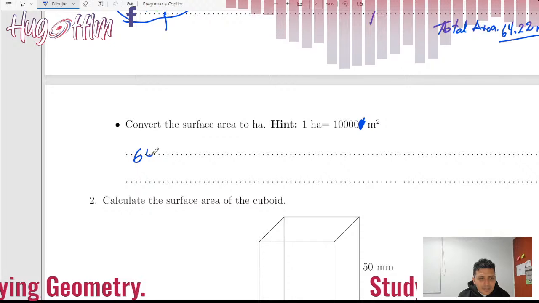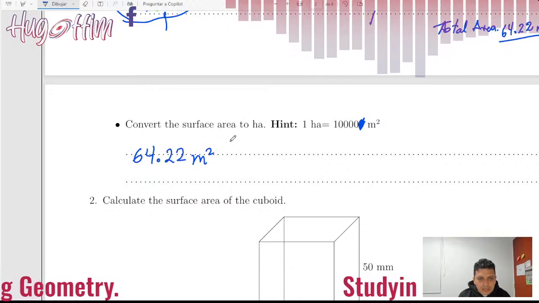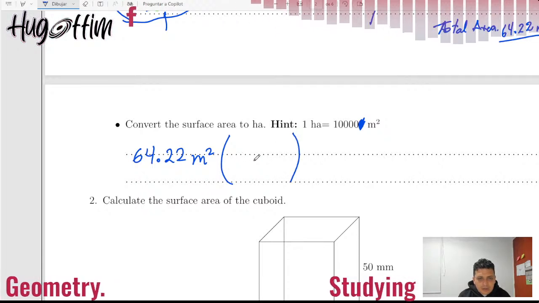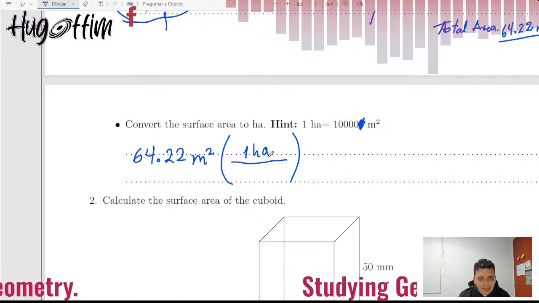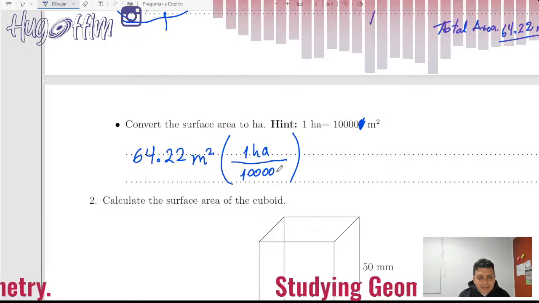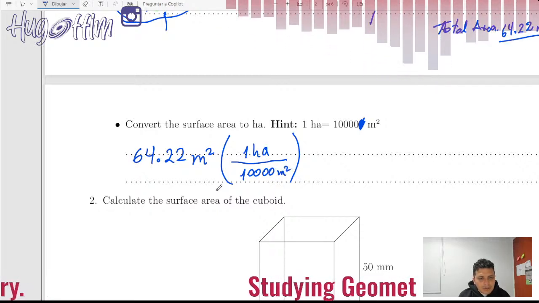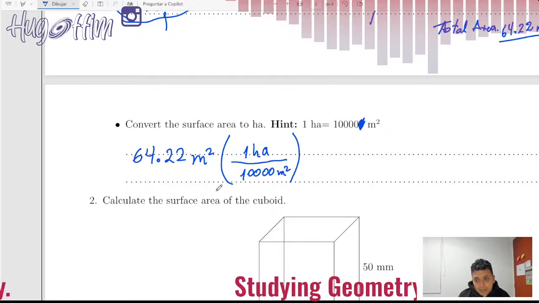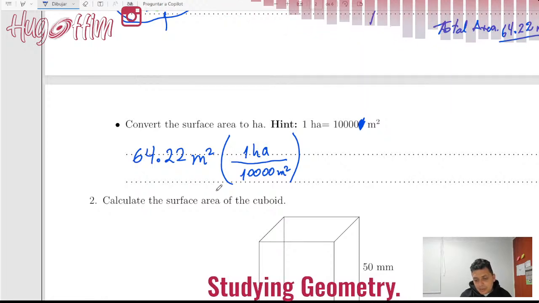So I have 64.22 square meters. 1 hectare equals 10,000 square meters. So I just need to divide, to simplify the square meters to get my result.